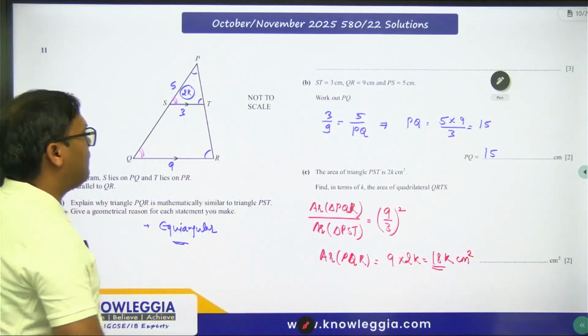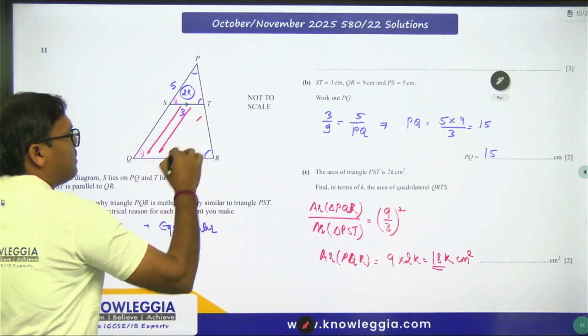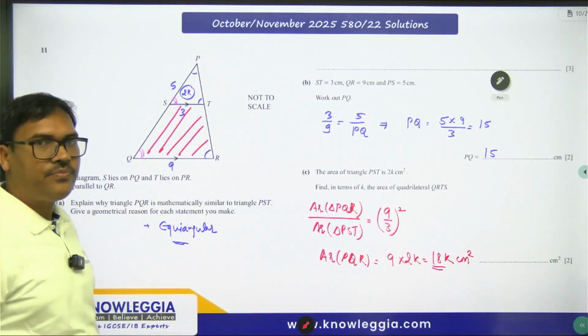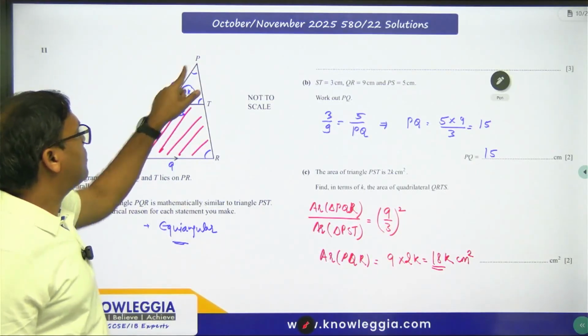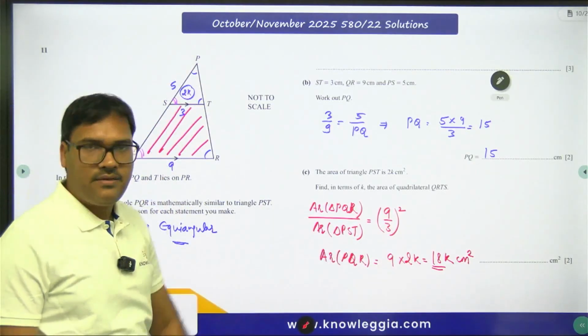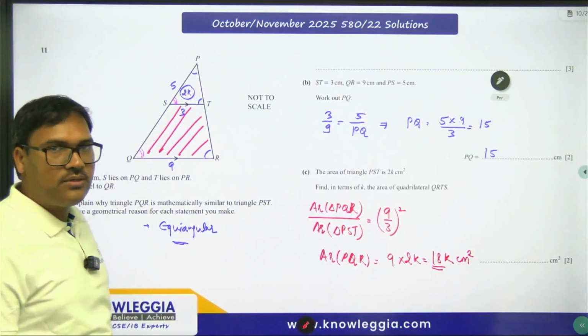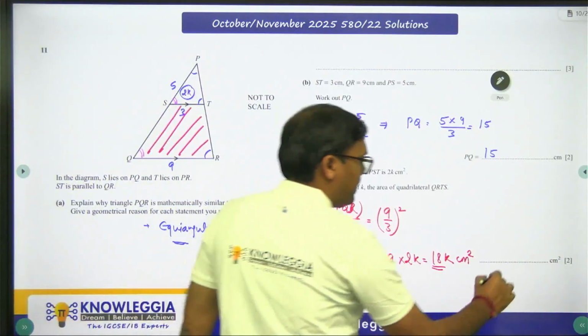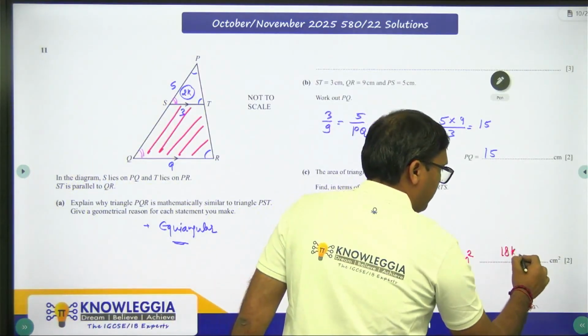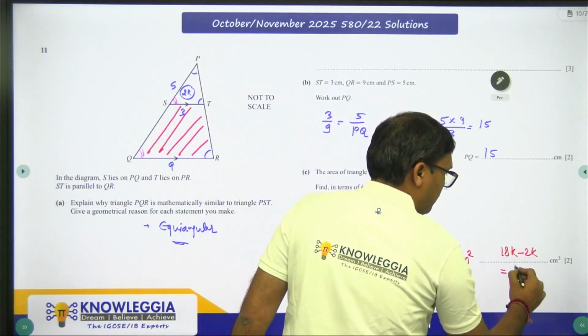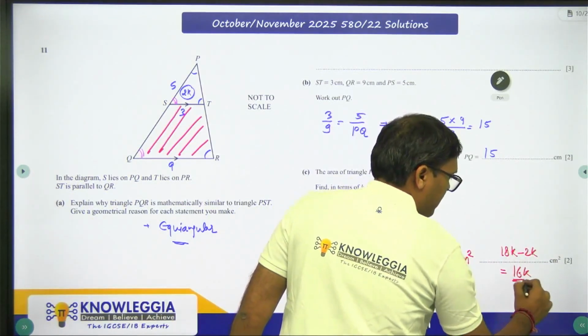We have to find the area of this quadrilateral, right? Now, what is the area of this quadrilateral? The total area is 18k, and this area is 2k. So, what is the required area? This is 18k minus 2k, which is equal to 16k centimeter square.